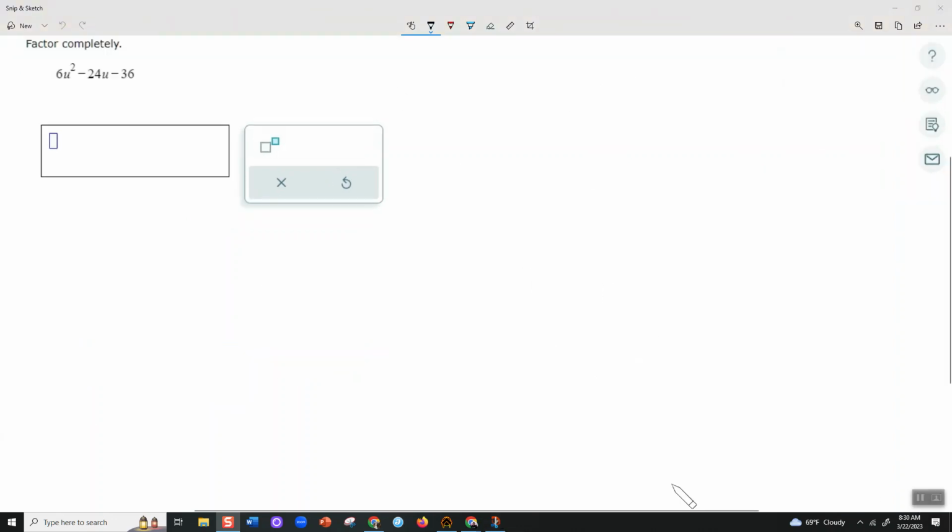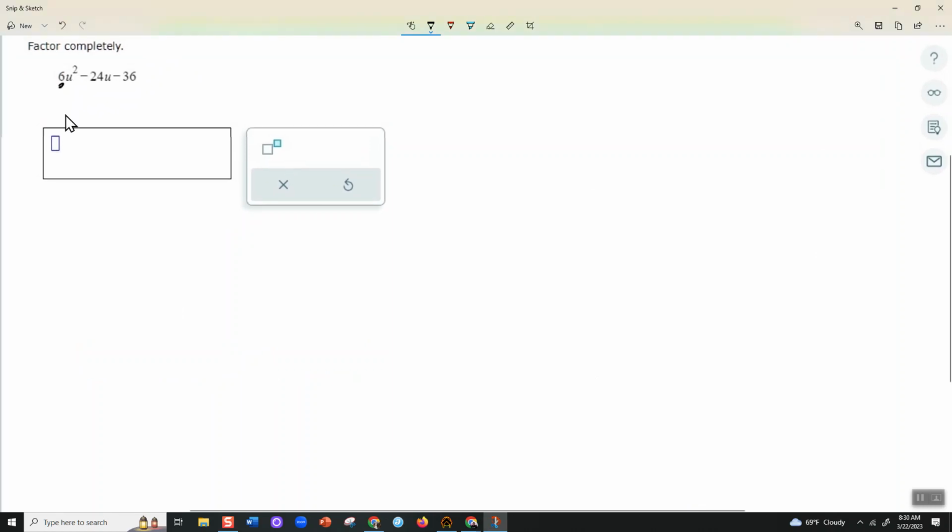Let's try number 2. In number 2, we have a situation here where I do have a leading coefficient other than 1. Now, whenever you see this, you always want to ask yourself, can I GCF? Or is there a greatest common factor between all three terms?